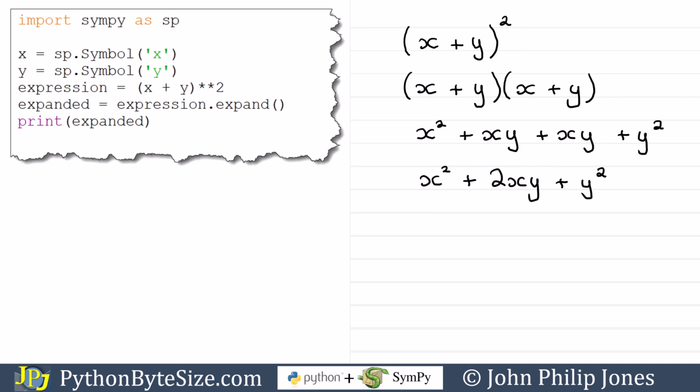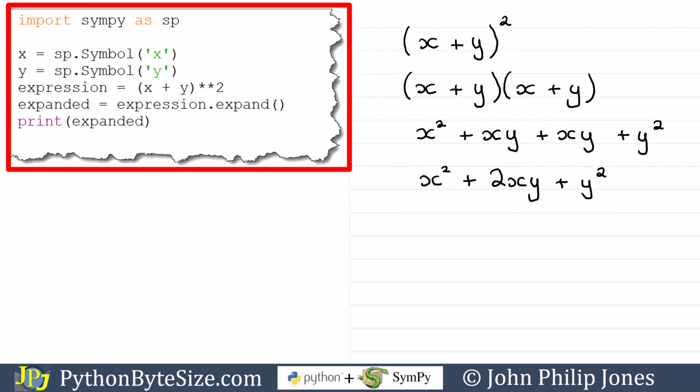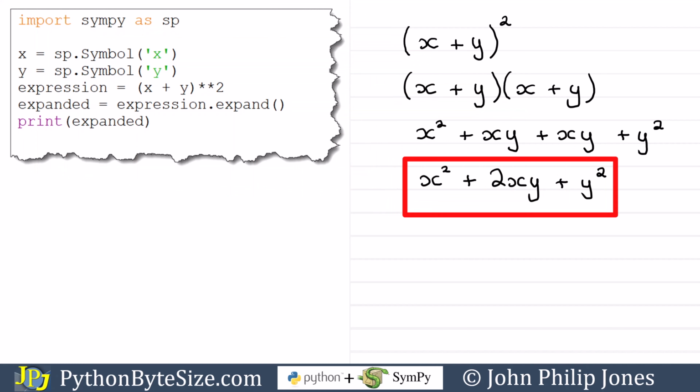So we can see when we expand this, we end up with this expression. Now I'm going to turn my attention to this computer program to see if it gives me the same result as I have here. And I'll do that on the next slide.